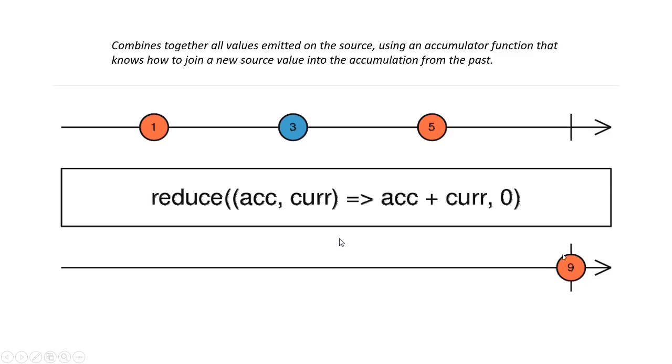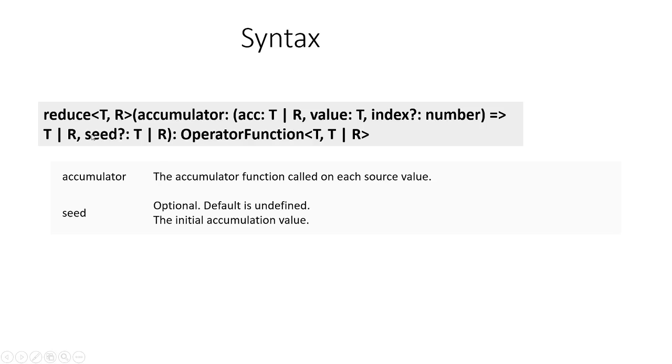We can see that in the result here. So let's see the syntax for this reduce function. The reduce function is a generic function which has two types. First is the type of values which are produced by the observable, and second is the result value which is going to be produced by this operator. Okay, the accumulator function holds two values.